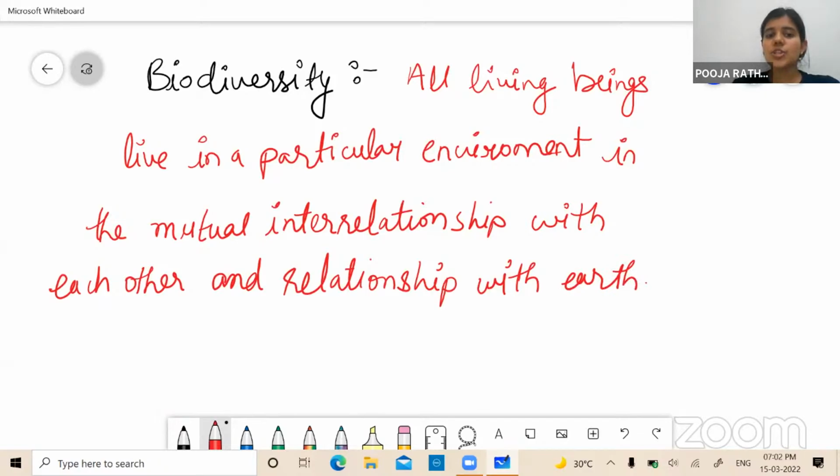All the living beings which are living in a particular area in mutual relationship with each other, that means they are dependent on one another for their particular needs. And also they are dependent on earth for their particular needs. So that's what is called biodiversity or biological diversity of that particular area.